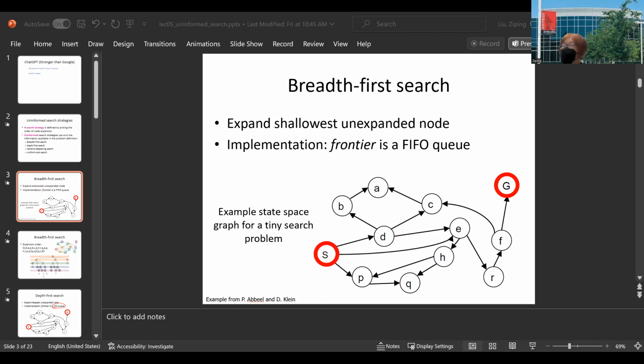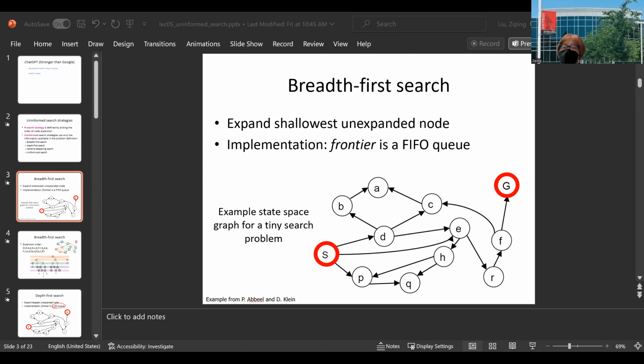So now, what are the elements in the queue? After I expand E, who is the first node in the queue? It's P. Yeah, it's P.